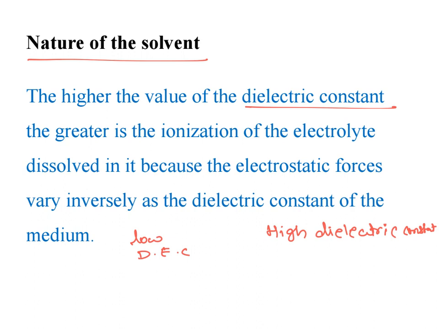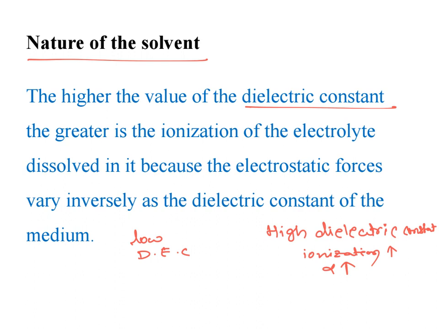When we dissolve a solute in a high dielectric constant solvent, the ionization will be more. Once ionization increases, the degree of ionization also increases.